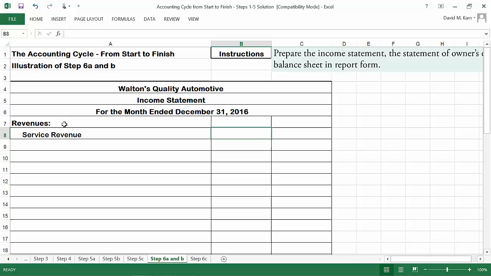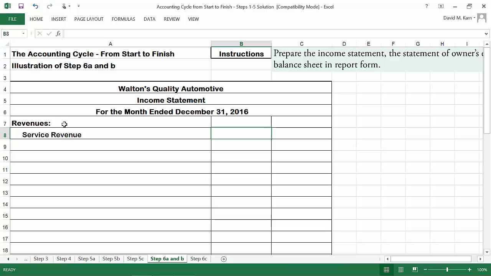These are only math computational columns to help us add and subtract. Now remember, you are preparing this not only for you, but for an external user. So you want to make it as easy as possible for someone to come along and pick this up and understand what it means.